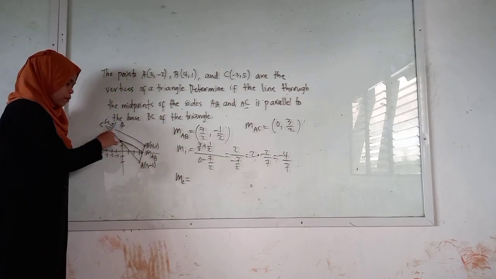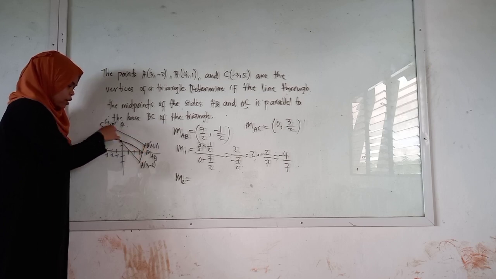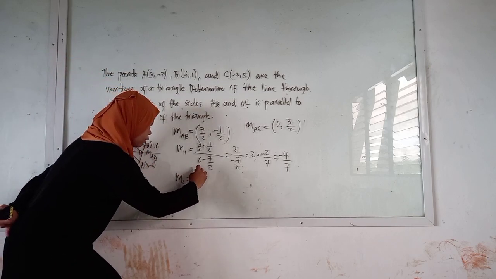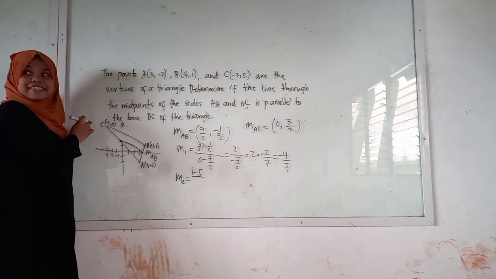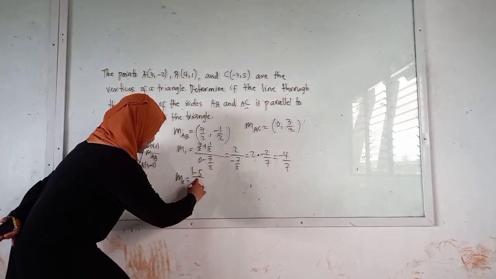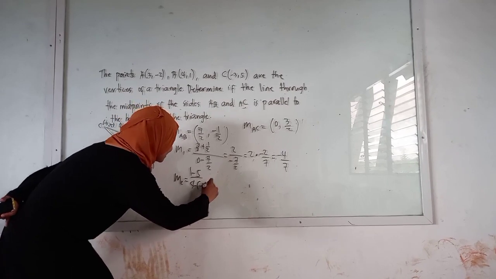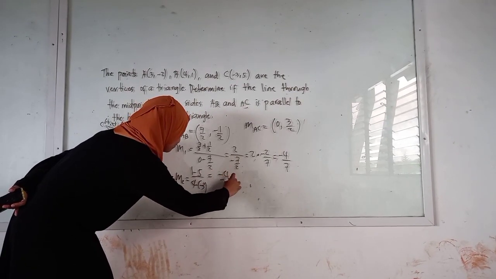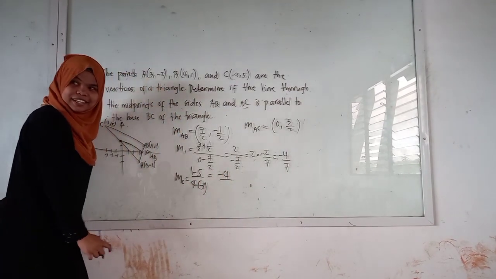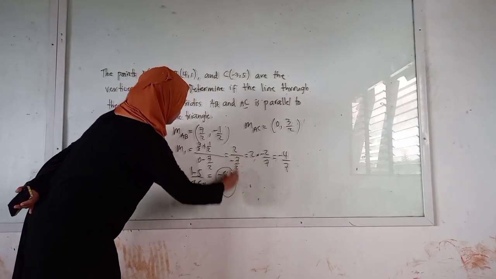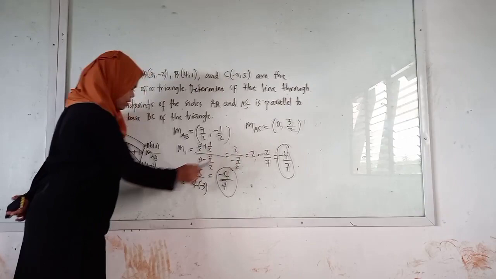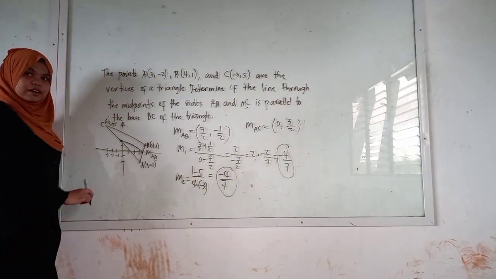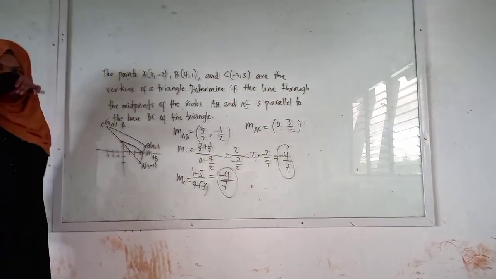So by using the slope formula, so I have 1 minus 5 over 4 minus negative 3. 4 minus negative 3. So this is equal to negative 4. 4 plus 3. That is 7. Okay, success. So since they have equal slope, so ibig sabihin they are parallel.